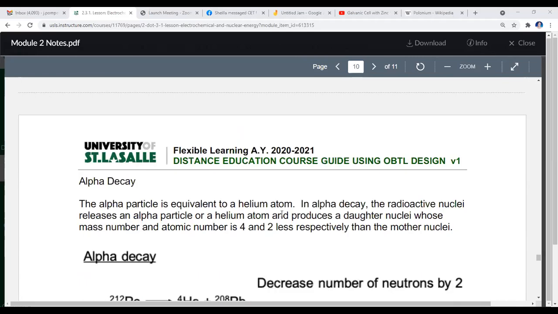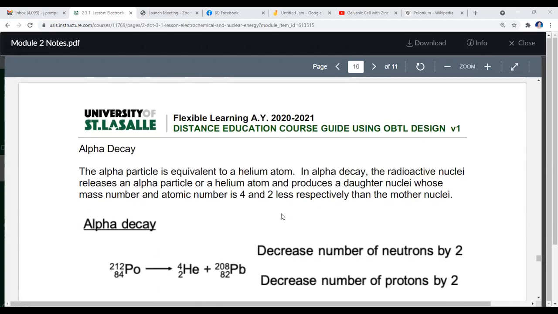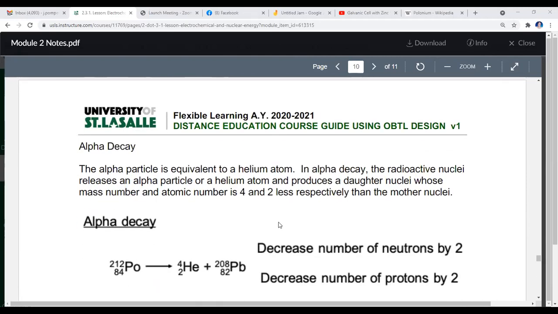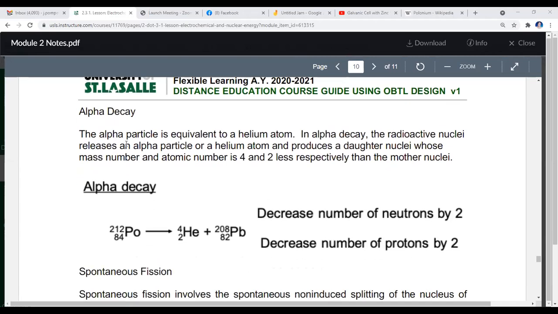What about alpha decay? So we have electron capture. Now this is alpha decay, the fourth type of decay. The alpha particle is equivalent to the helium atom. You know this already. In alpha decay, the radioactive nuclei releases an alpha particle, or a helium atom, and produces a daughter nuclei whose mass number and atomic number are 4 and 2 less, respectively, than the mother nuclei.